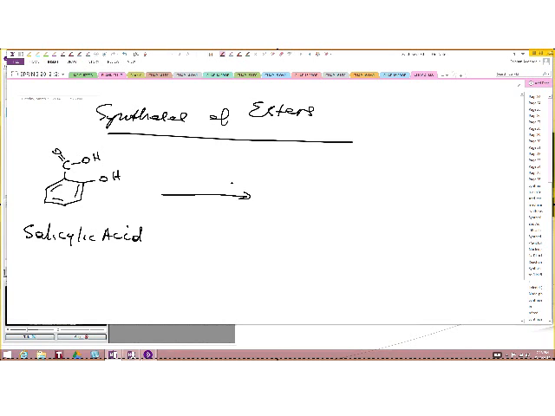If you simply take this, and we take acetic anhydride, and also in the presence of a catalytic amount of hydroxide, a very small amount of hydroxide, what do we get? We get this here.